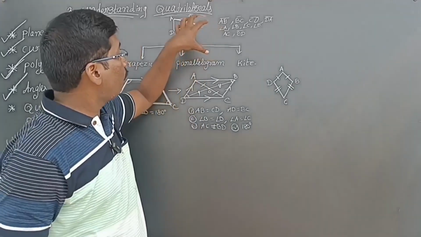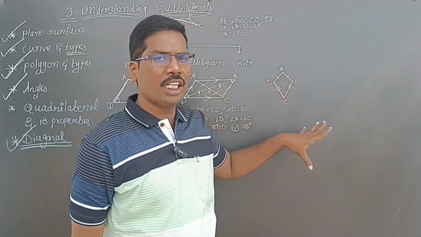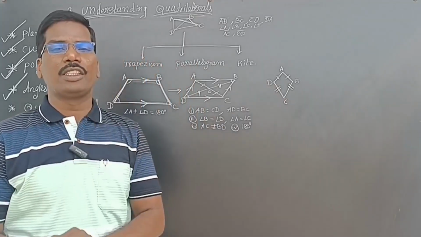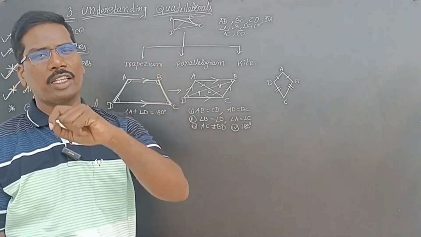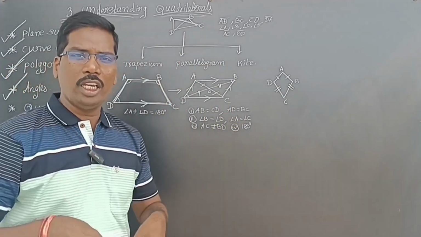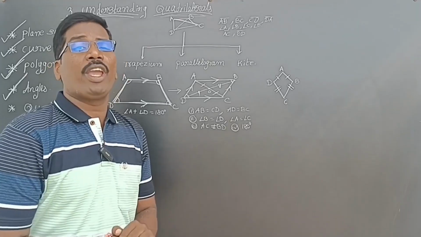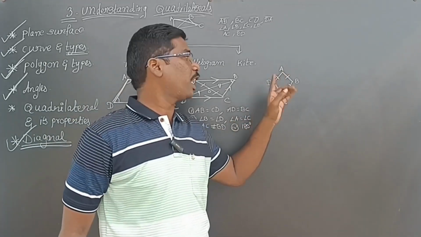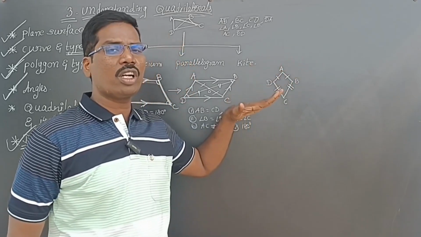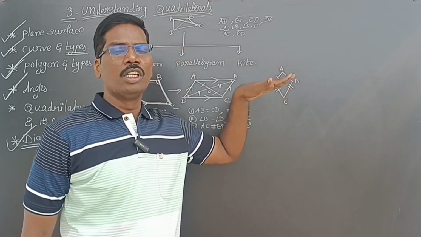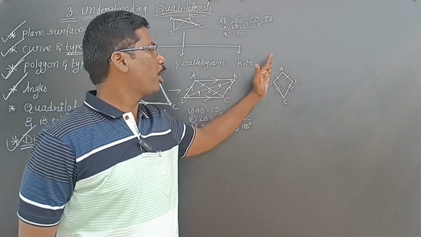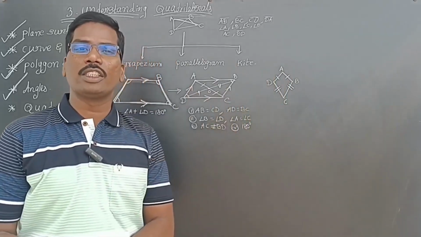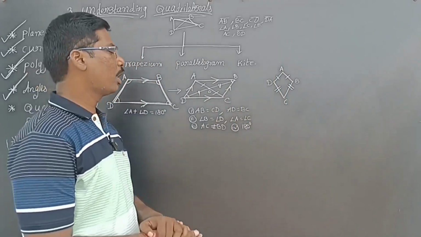This is one pair and this is one pair. Adjacent means side by side. Side by side sides are called adjacent sides. If two pairs of adjacent sides are equal, then that is called a kite.